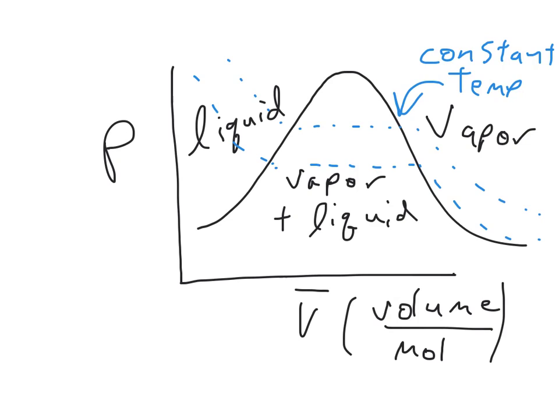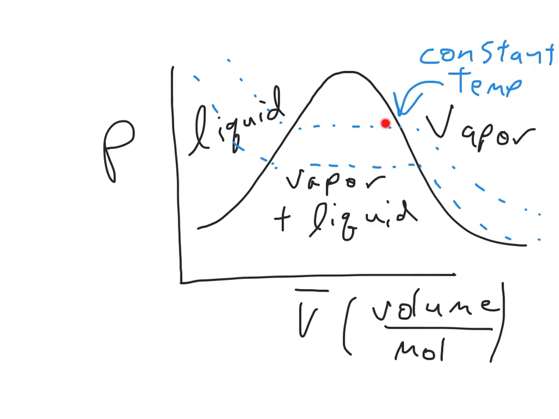And so what this tells us is that if we are at a given temperature, say along here, as we're going from over here, the vapor phase, over to the liquid phase, this whole process going from vapor to liquid or liquid to vapor and going through this mixture phase right here, this is at constant temperature.